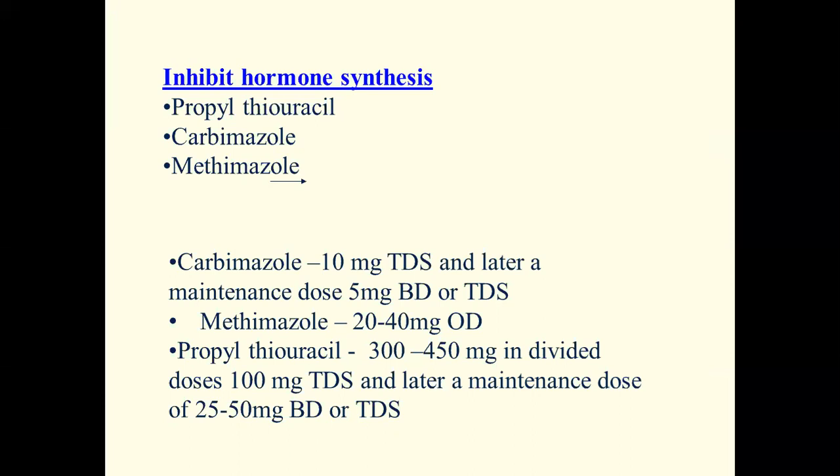Methimazole is a long-acting antithyroid drug which you can give as a once daily dose, 20 to 40 milligram. Propylthiouracil can be given 100 to 150 milligram TID, and once euthyroid, you can bring it down to a maintenance dose of 25 to 50 milligram BD or TID. Its primary use is in pregnancy. Otherwise, we routinely use carbimazole.